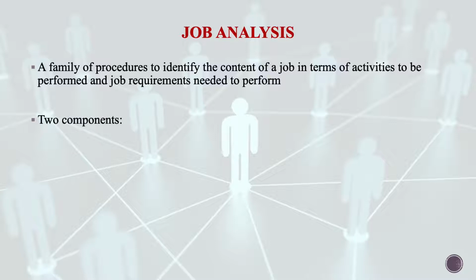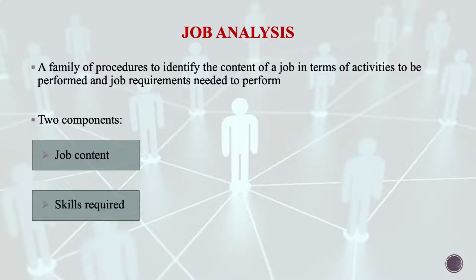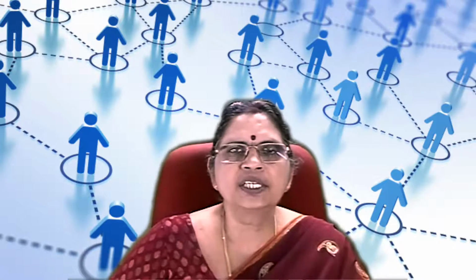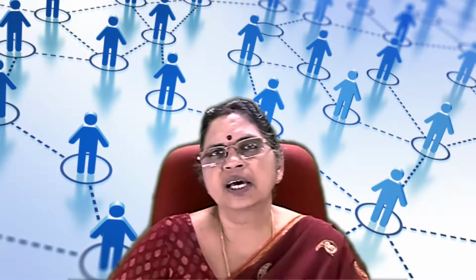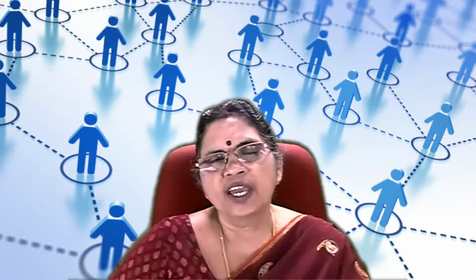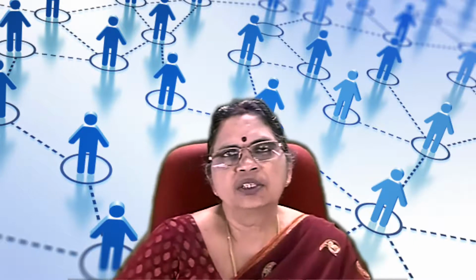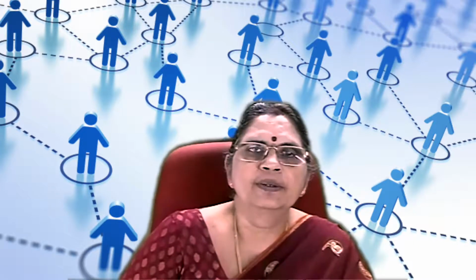And this job analysis has two components, wherein we speak about the job content, job specifications, nature of the work, etc. We can proceed in several ways, and several methods are involved as to where we get the information about each job.